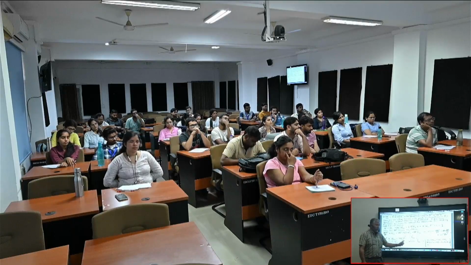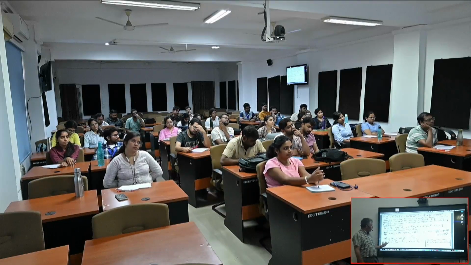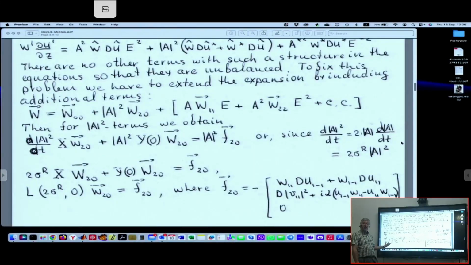And here, we don't want that. We want to solve this equation, so we would like to make sure that this is non-singular so that we can invert this matrix, and then we will simply get W20 is equal to inverse of L multiplied by F20. Right? That's what we want. For this, we need to make sure that this is not singular, which means the determinant of this matrix is not equal to 0. And determinant equal to 0 is associated with eigenvalues.